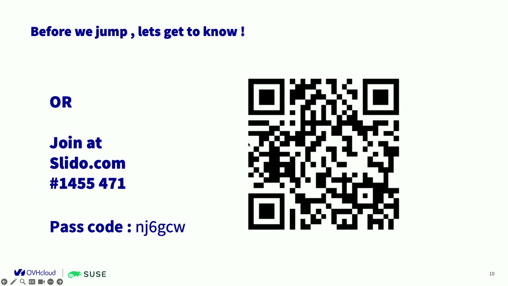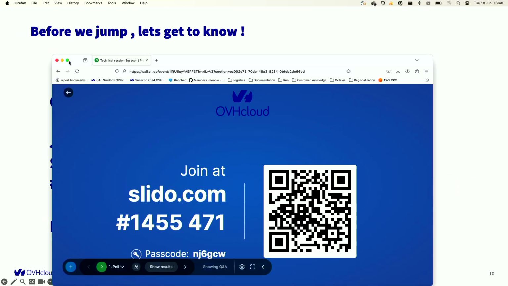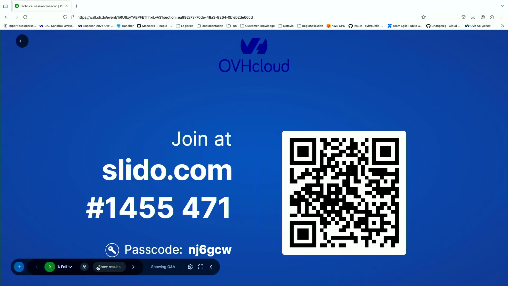Just to get to know more about yourselves, we are not collecting private data. It's just about who you are and what main challenges you have today in connecting your different cloud native systems all together.